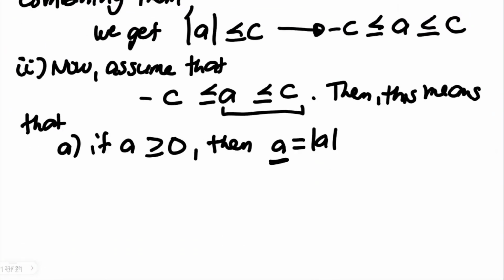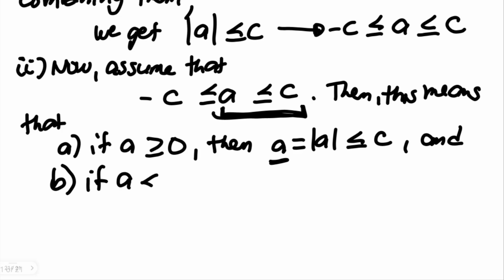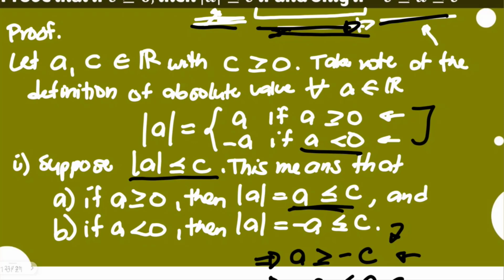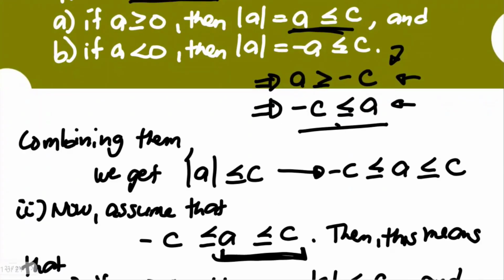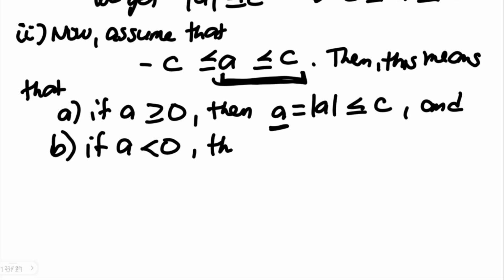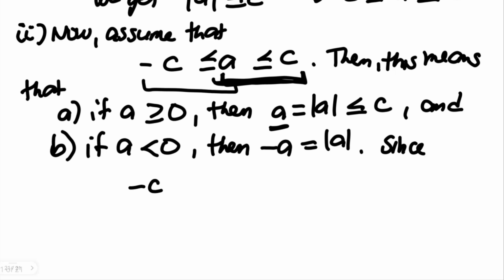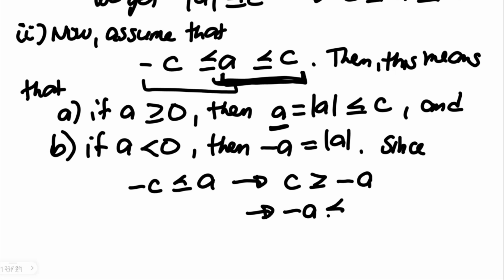But A is identified here as less than or equal to C. That would mean the absolute value of A, which is equal to A, is less than or equal to C. And second statement: if A is less than 0, going back to the definition, negative A is the absolute value of A. But we don't have negative A here, though we can use negative C less than or equal to A, which gives us C greater than or equal to negative A, or negative A less than or equal to C.